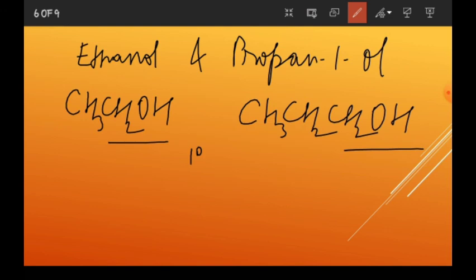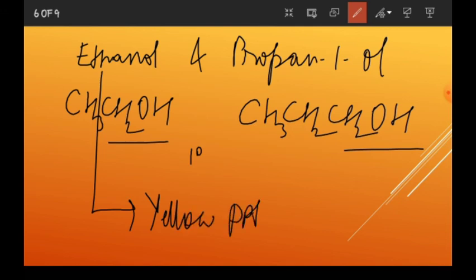Now what you can use is the iodoform test. This compound will give a yellow precipitate. You can simply write this: it will give a yellow precipitate with the iodoform test, and this will not give any yellow precipitate.